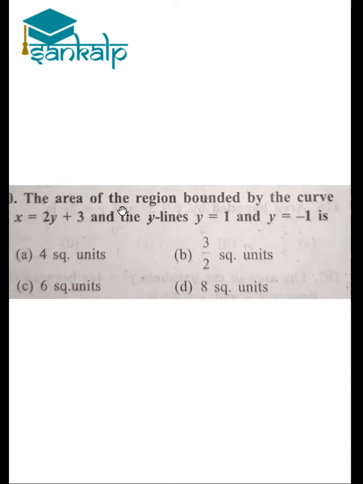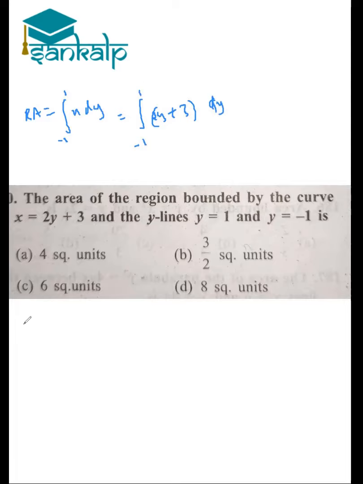Next question. The area of the region bounded by the curve x is equal to 2y plus 3 and the lines y equal to 1 and y equal to minus 1 is. Okay, so again we need to calculate the required area. So the required area is given by x dy under the limits minus 1 to 1. So the value of x is 2y plus 3 dy under the limits minus 1 to 1.